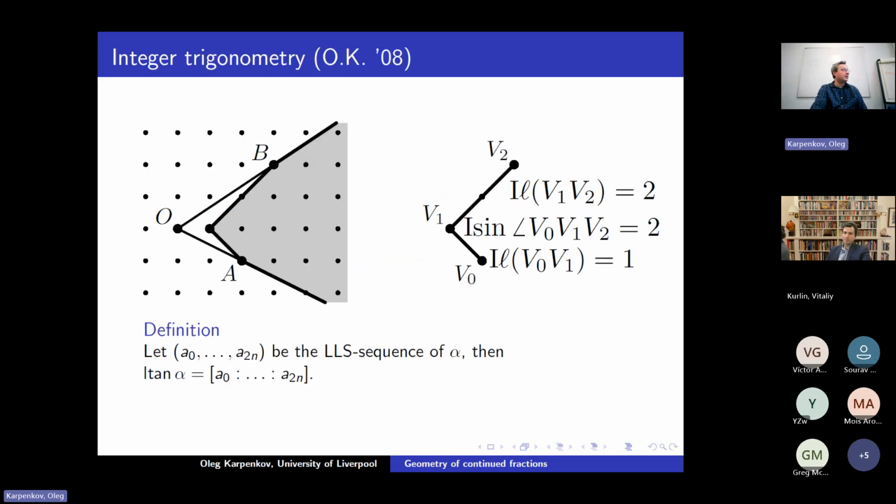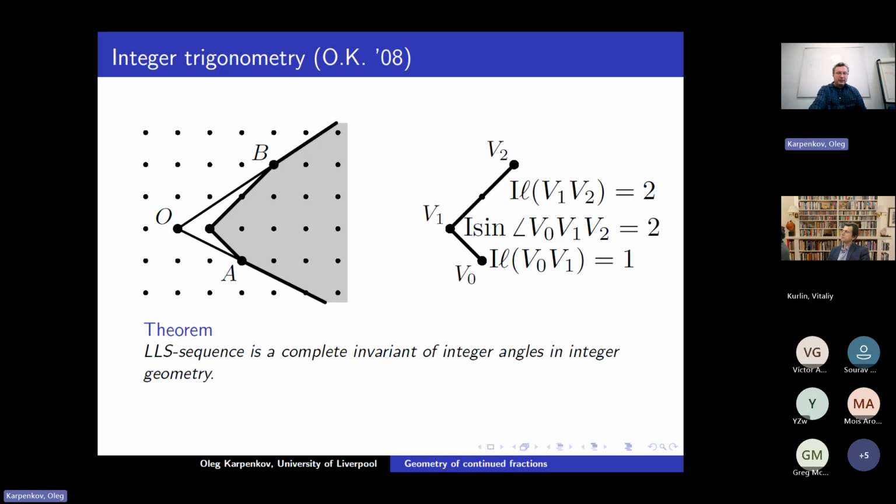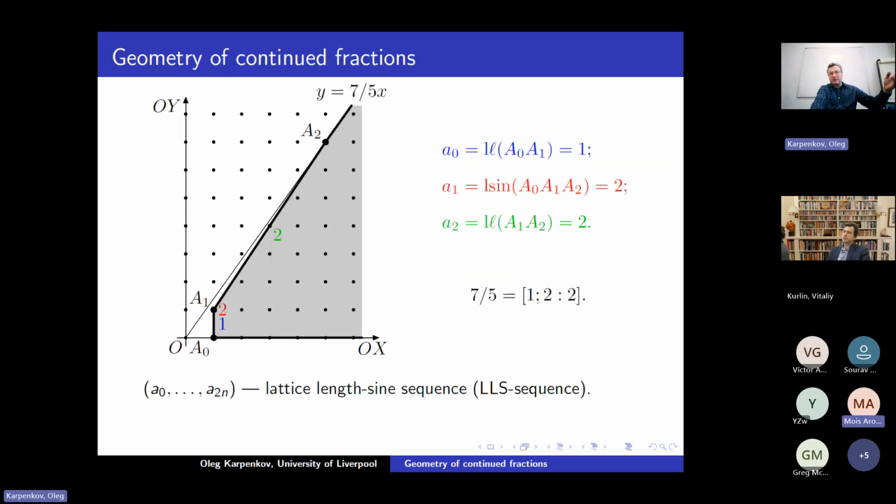LLS is a complete invariant, and once you have LLS, you can define what integer tangent is. Similar to the case here, tangent is just the value of the slope, 7/5. That's one of the possible definitions of integer tangent. Let's define it for this specific picture of our angle as 7/5, and the rest are defined by congruence.